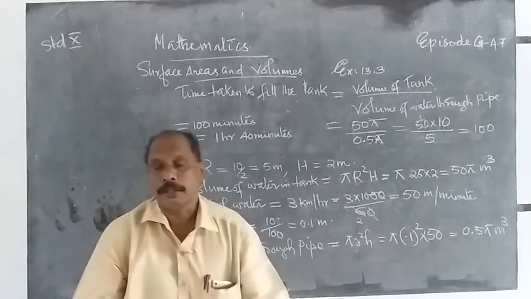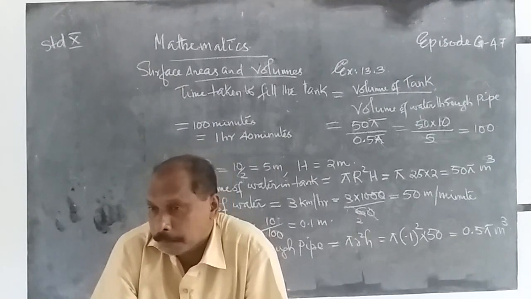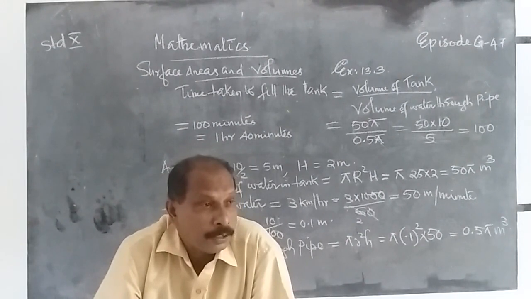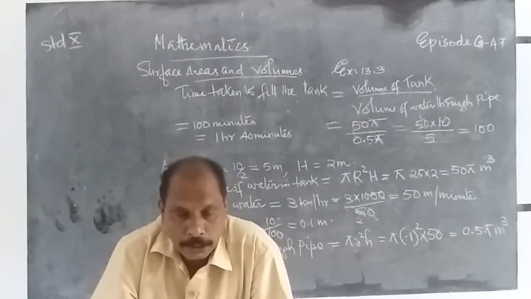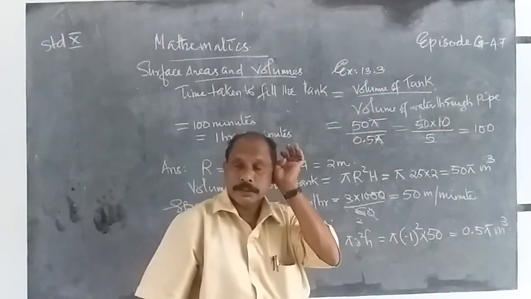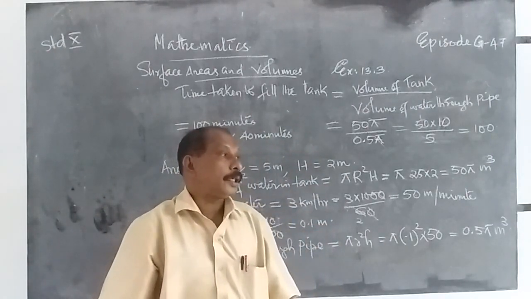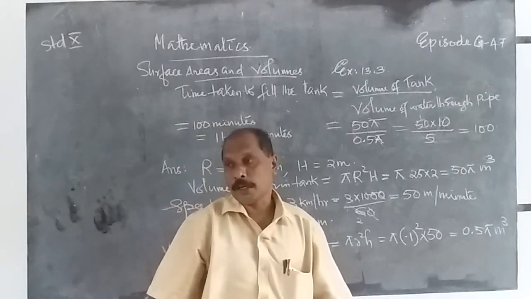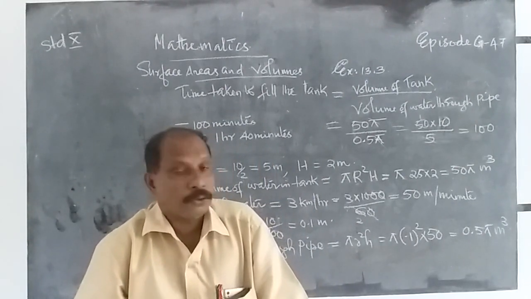Pi cancels, and 0.5 is converted into a whole number by multiplying the numerator by 10, therefore 50 into 10 is 500 by 5 is equal to 100. Therefore, the time taken to fill the tank is 100 minutes. That means 60 minutes is 1 hour and 40 minutes. Therefore, the time taken to fill the tank is 1 hour and 40 minutes.